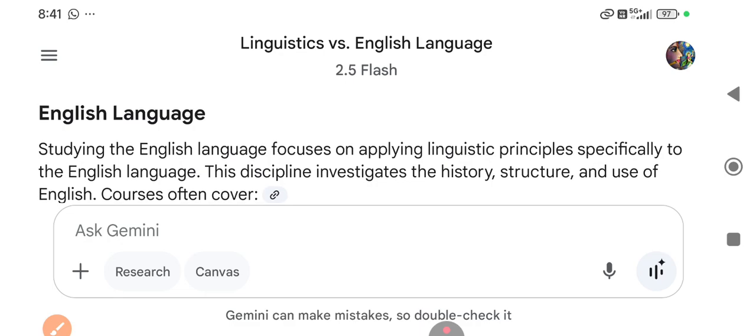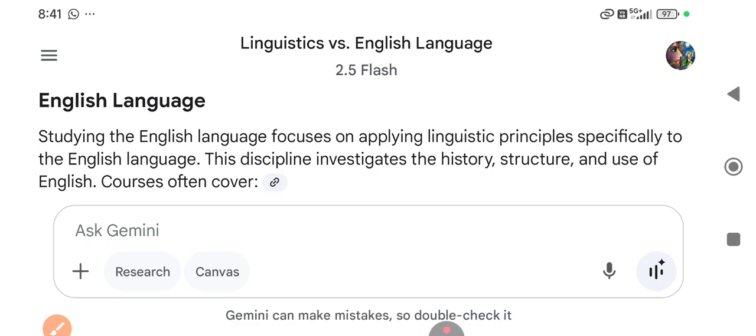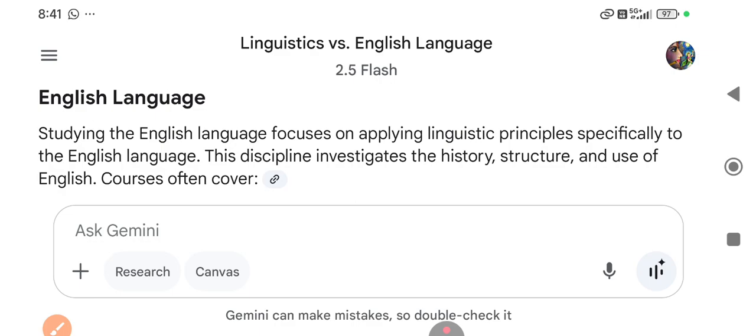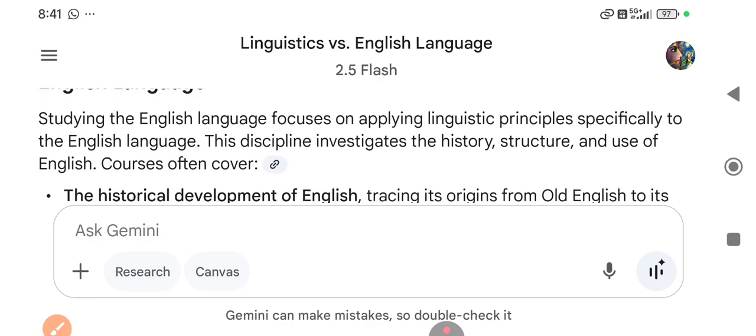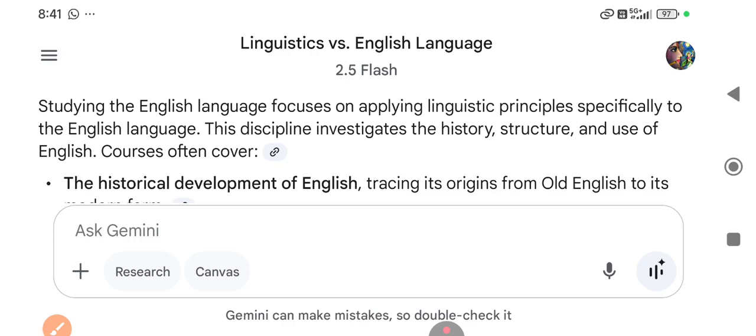Okay, now the English language. Studying the English language focuses on applying linguistic principles specifically to the English language. So for language we use linguistic principles, but this discipline investigates the history, how Hindi developed, how English developed, and then the structure we follow. If I give you the example of Ram eats a mango and Ram aam khata hai, both structures are different.